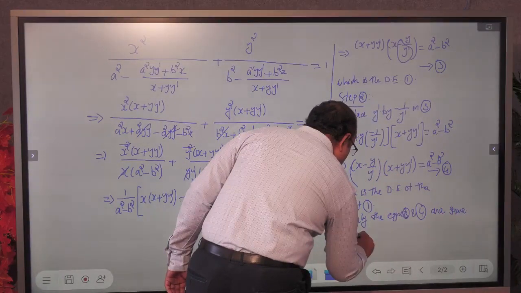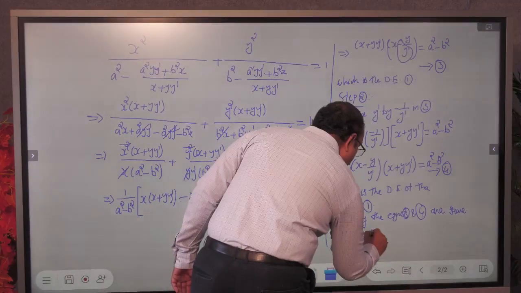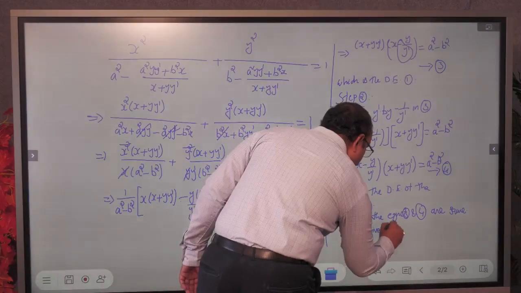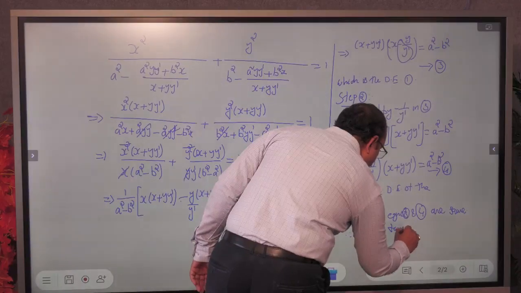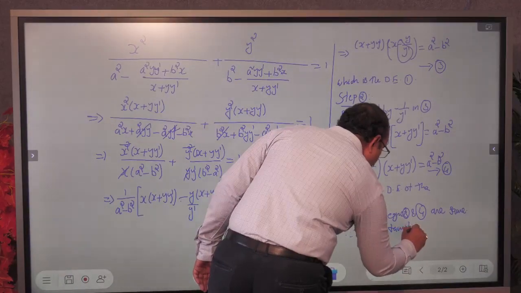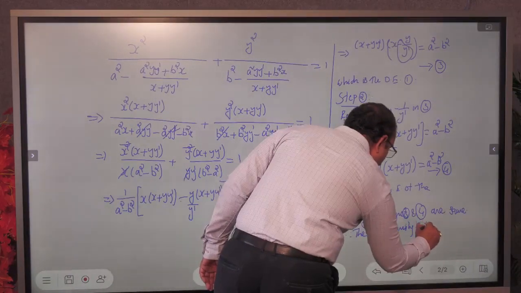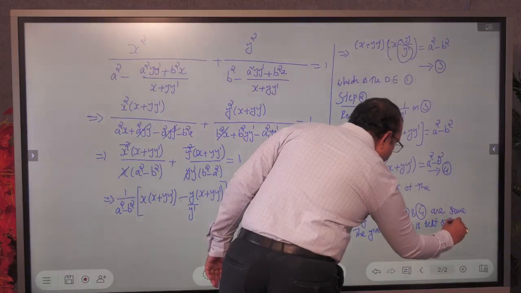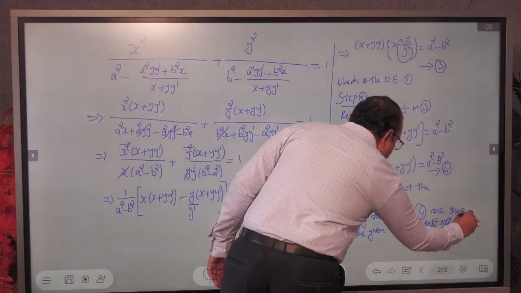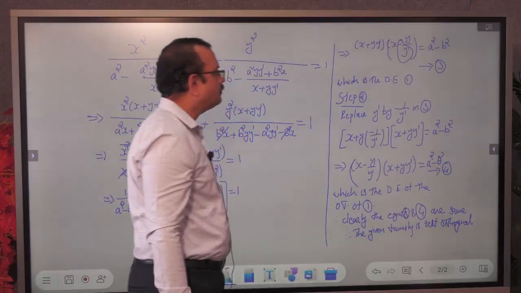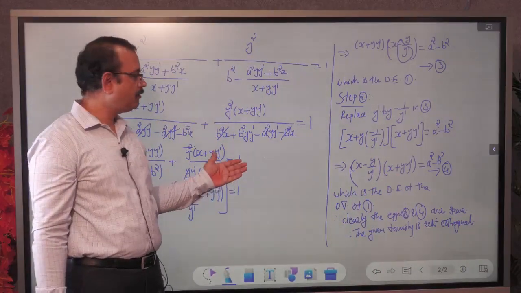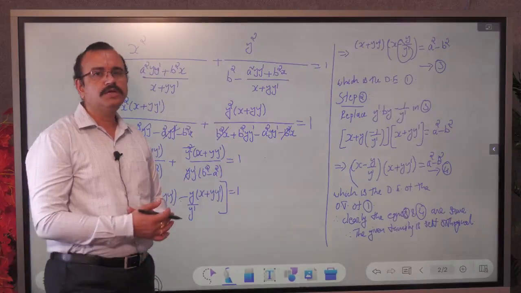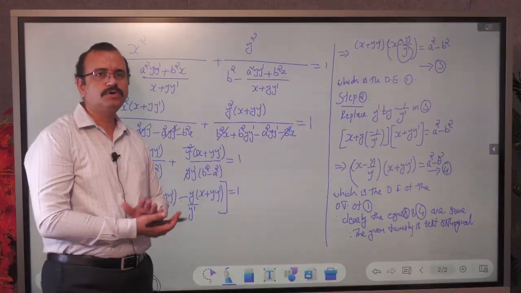Therefore the given family is self orthogonal. Okay, so this is how we can identify whether a given family is self orthogonal or not.